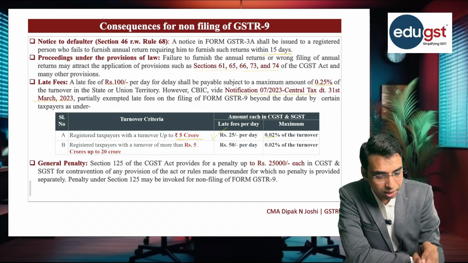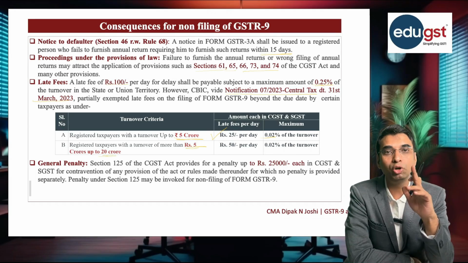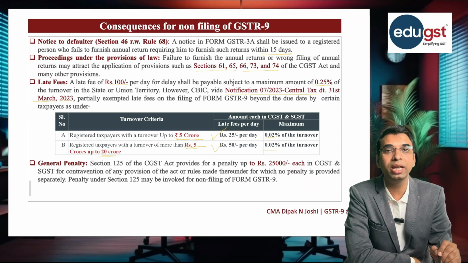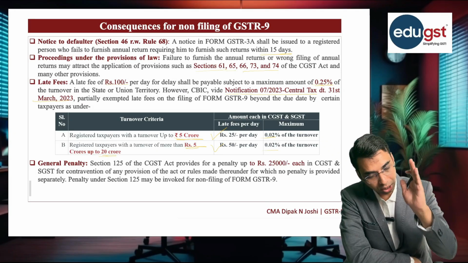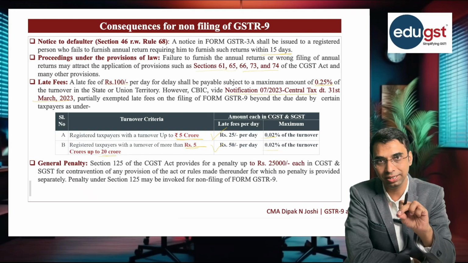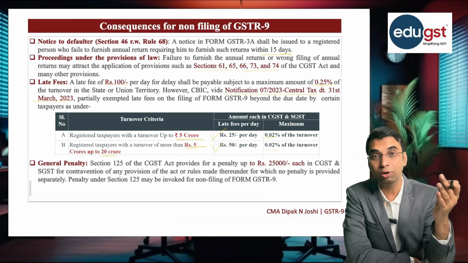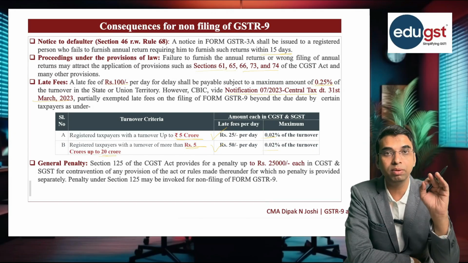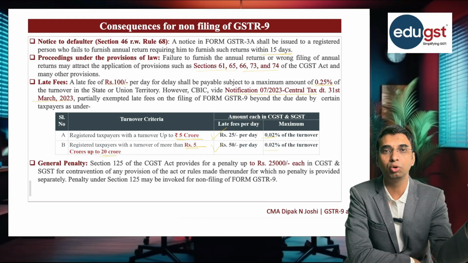If your turnover is between 5 crores to 20 crores, in that case, you are required to pay late fee of rupees 50 per day, subject to again maximum 0.02% of the turnover. So if your turnover is up to 5 crores, आपको 25 रुपए per day देना है, 25 rupees in CGST, 25 rupees in SGST. If your turnover is more than 5 crores but less than 20 crores, in that case, it will be 50 rupees per day, subject to maximum again 0.02%.